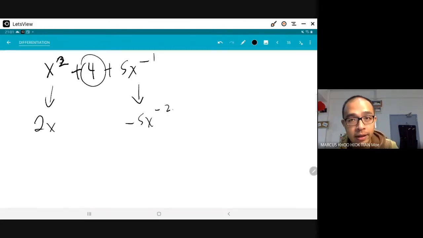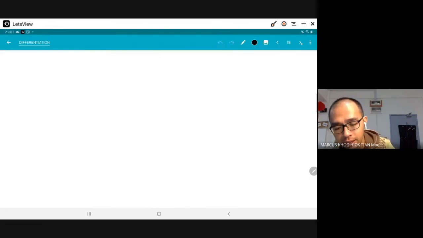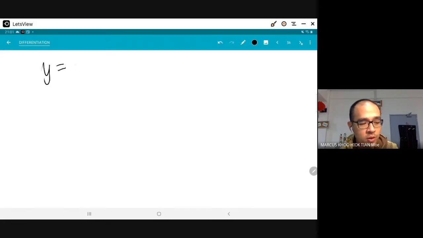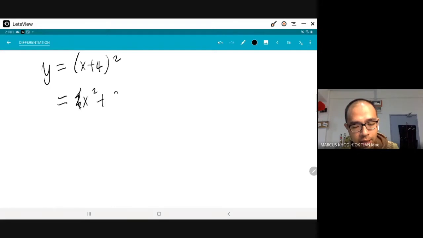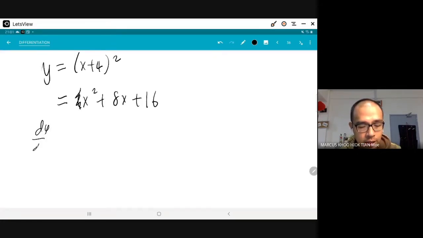The idea behind this is that there is actually no shortcut. Whenever you see things like this, the first thing you need to do is expand it first. So you get x squared plus 8x plus 16. Then when you differentiate it, you get 2x plus 8, which is the actual answer.